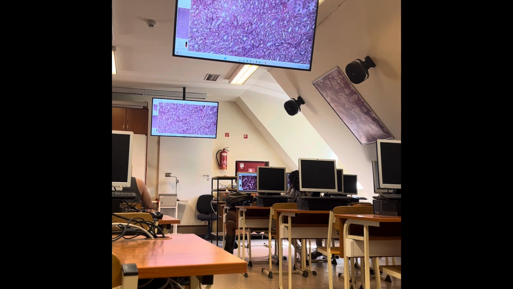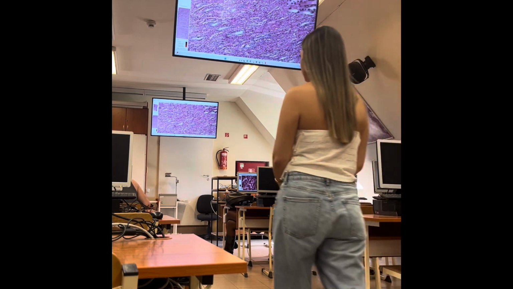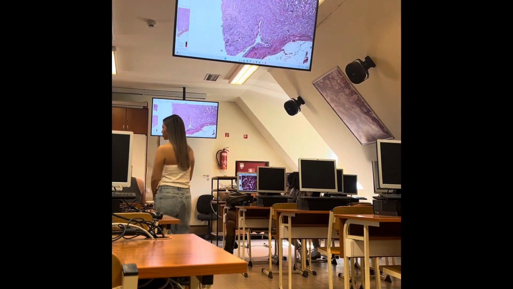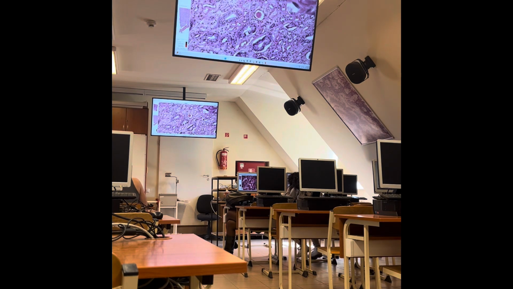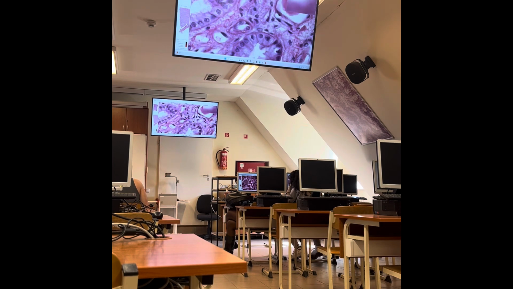It goes through most of the medulla and travels to the papillary part. And here you can see the thin segment, which is lined by a simple squamous epithelium. So there is a gradual change from the cuboidal epithelium to the simple squamous epithelium in the thin segment of the loop of Henle. That will make a hairpin turn and move back towards the cortical region.